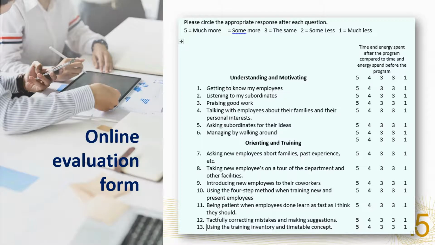You can also use an online evaluation form like this one. It could be in the form of a PDF file or Word file, or they can use Google Form, for example, for them to just check. We do this a lot in some of our trainings. We just ask our participants to answer post-training questions via Google Forms, especially if we can ask the sending agency to participate and they can enforce the post-training evaluation.